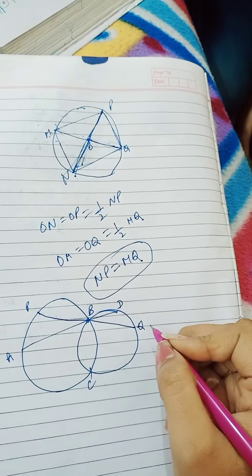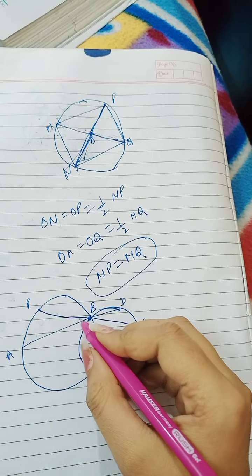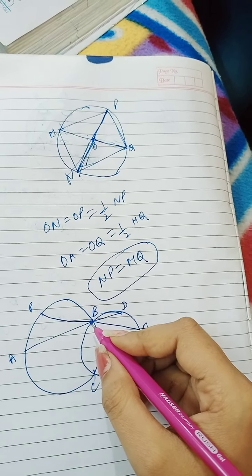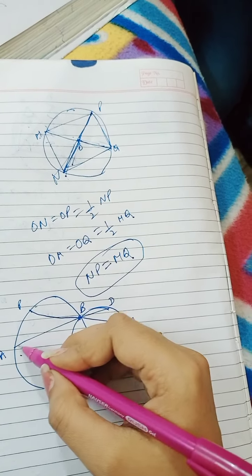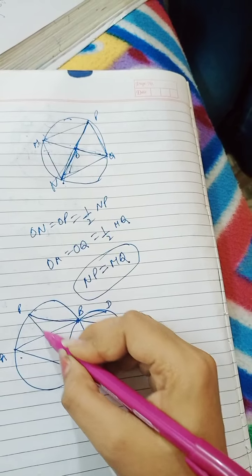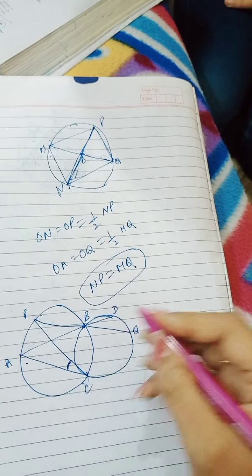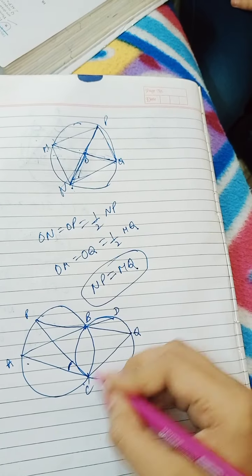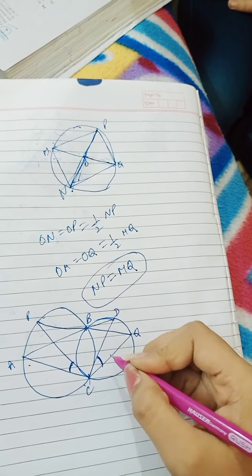PBQ is drawn. Both are intersecting, no? So prove that angle ACP is equal to angle QCD. This angle must be equal to this, you have to prove.